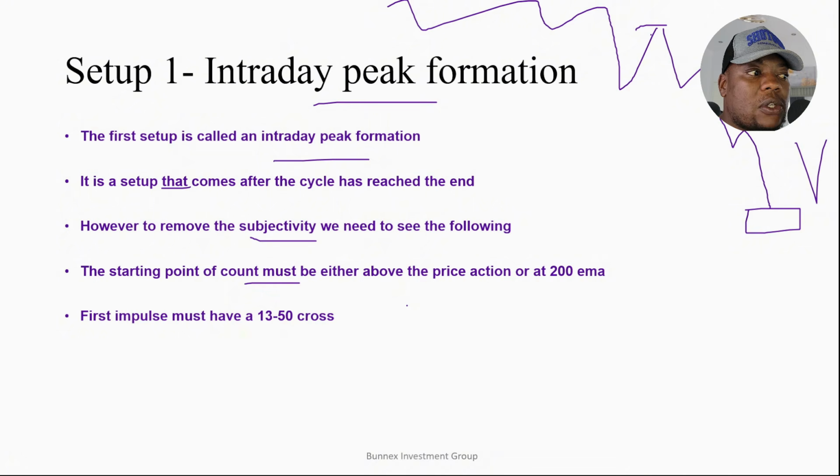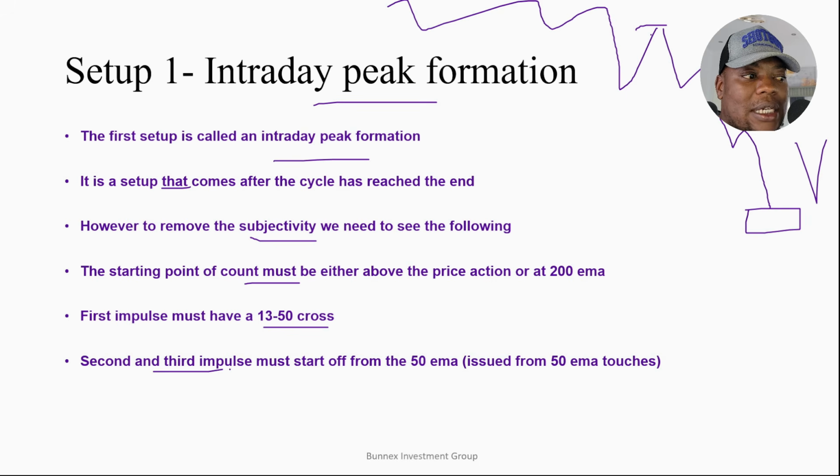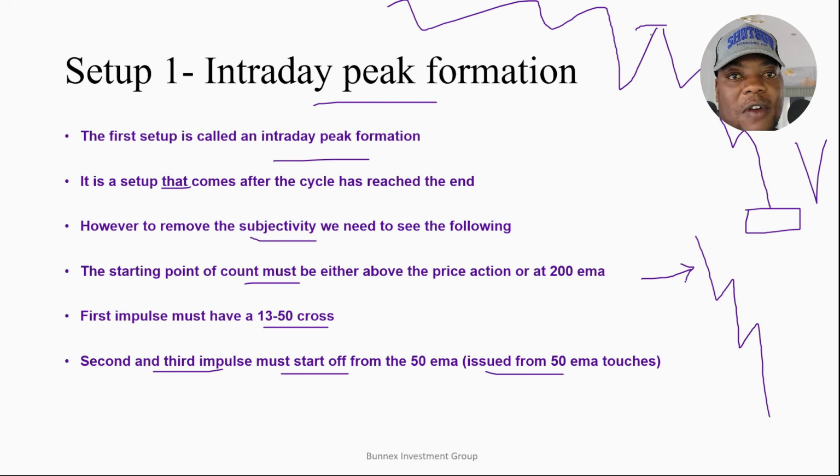The first impulse must have a 13/50 EMA cross, and then the second and third impulse must start off the 50 EMA touches. What do we mean by that? I've shown you the template whereby we've said the M15 cycle will have something like this. We are saying the first impulse can only be valid if there is a 13/50 EMA cross.